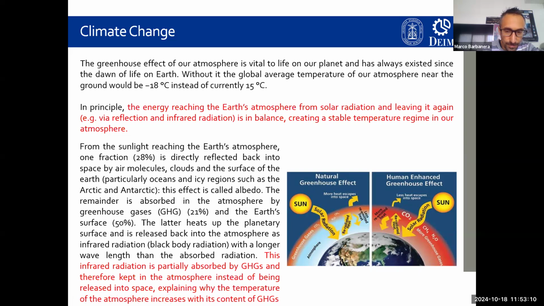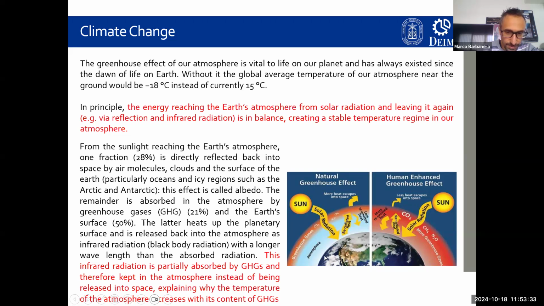So when a fraction of solar radiation reaches the Earth's surface, this energy is in part absorbed by the Earth's surface.